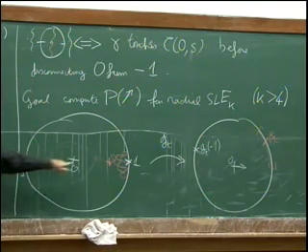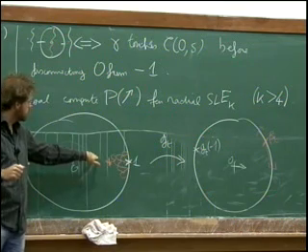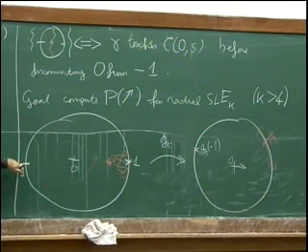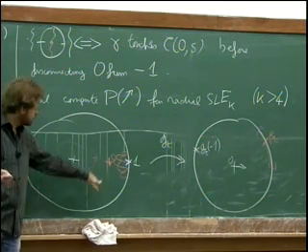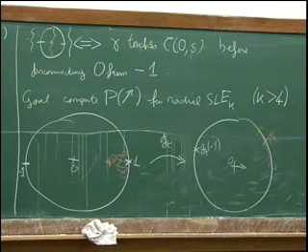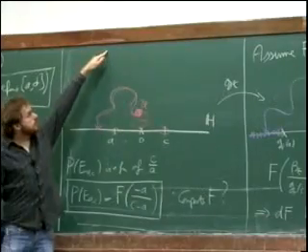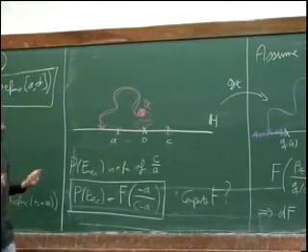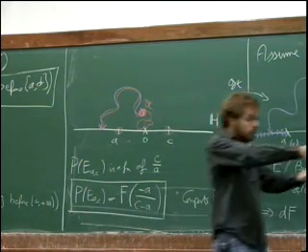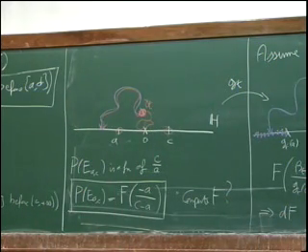Because the harmonic measure of the interval on the boundary between this and this is very small, because Brownian motion is trapped. So it's the same picture as this, except that instead of going from here, you go from the center of the circle, but it's the same idea that if you close a loop, then the images of boundary points outside the loop are mapped to the same point.